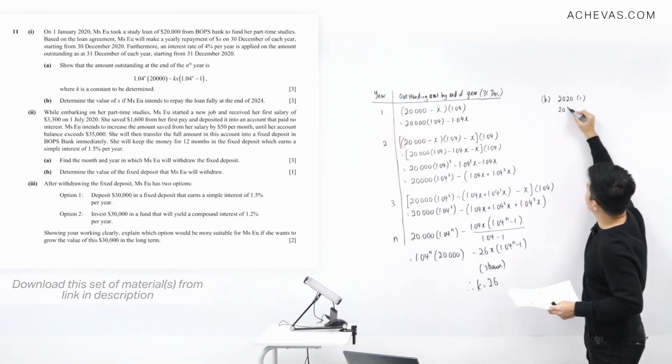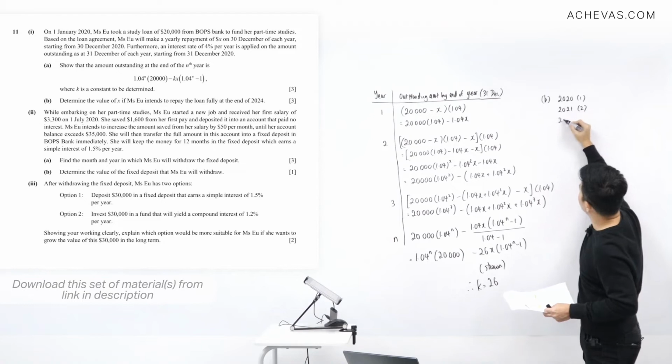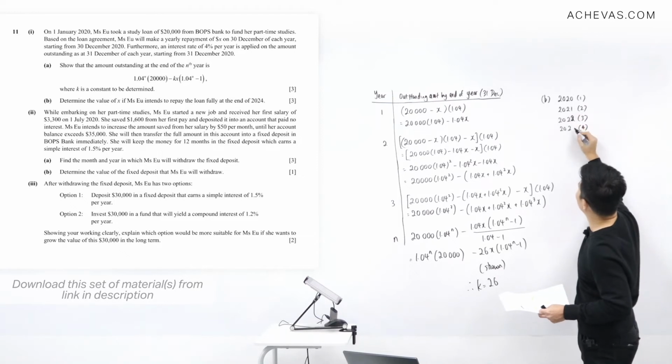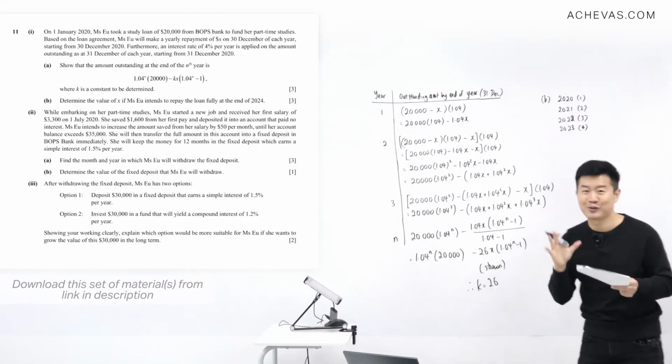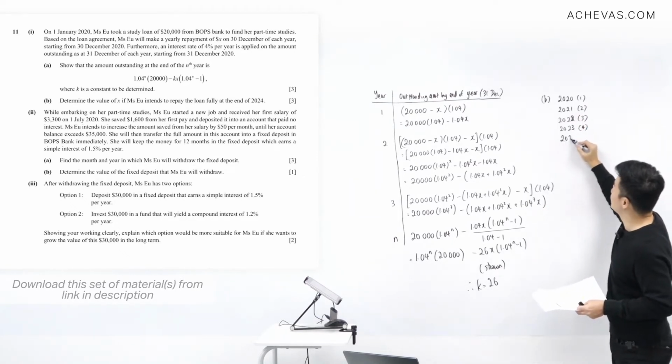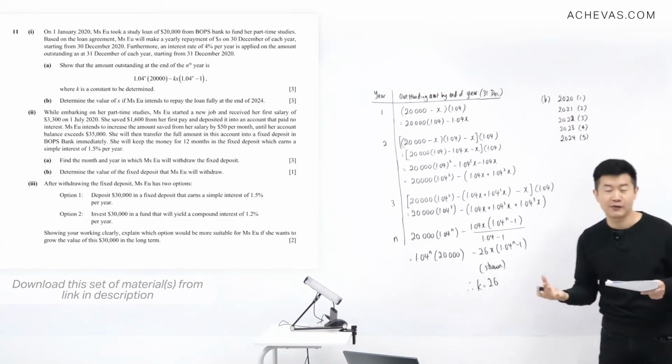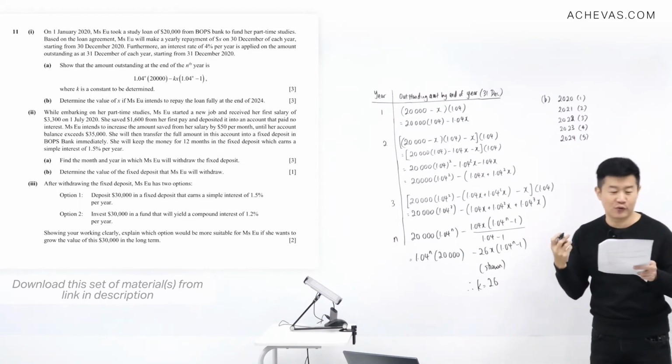Then 2021 is year number 2. 2022, it is year number 3. Sorry, here is 2023. Goodness, I am trying to count, okay? So 2024, this is going to be year number 5. So we are talking about n to be equal to 5 when it is the year 2024.